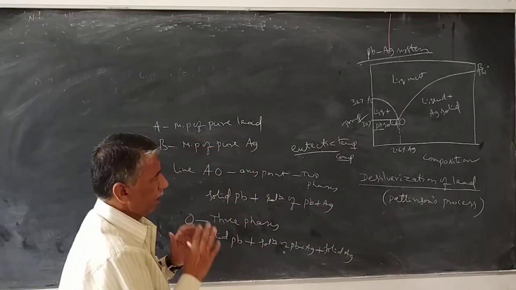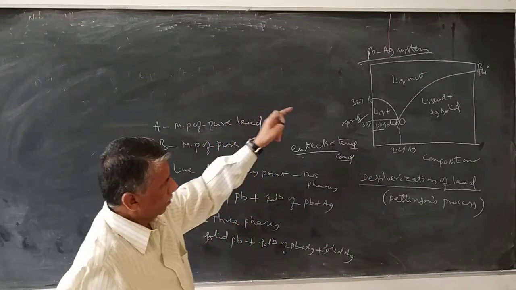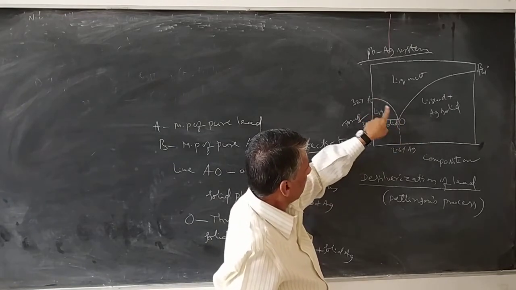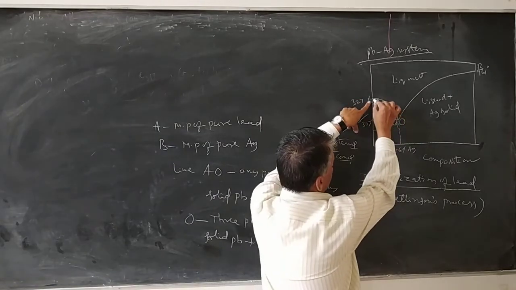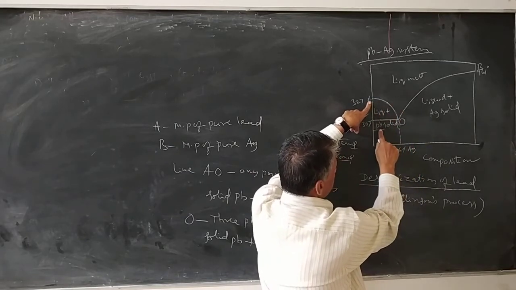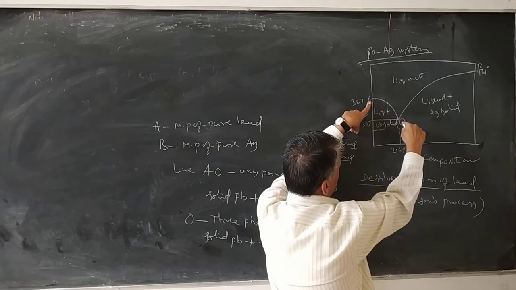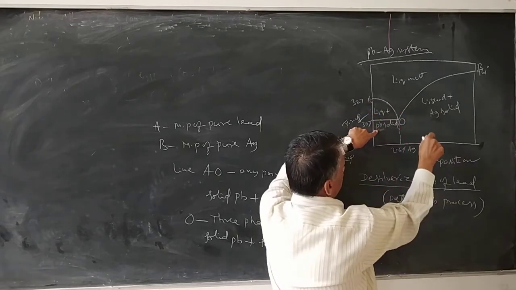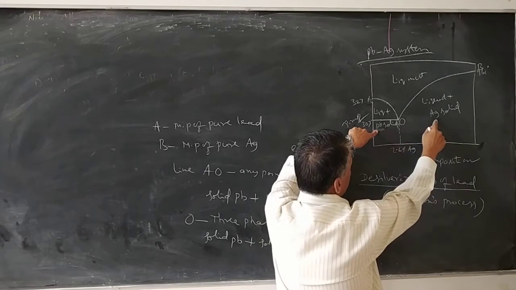So this is briefly about the line AO and the points A and O. At point A, there is only one phase, namely pure lead. Along the curve AO, there are two phases, pure lead plus the solution of lead and silver.